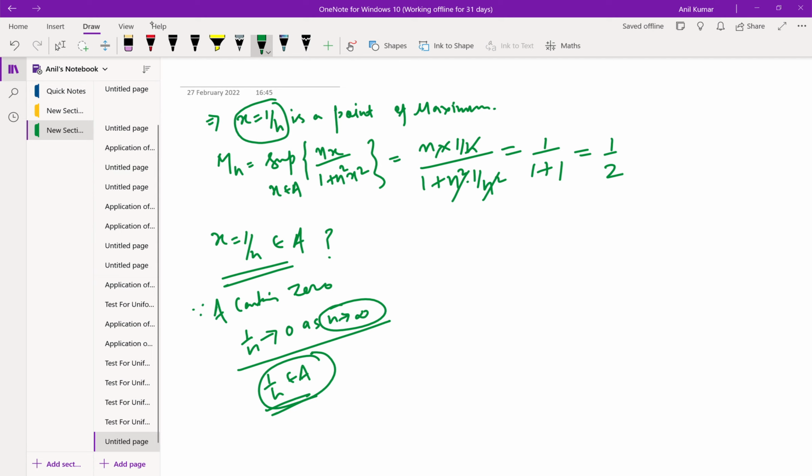So this is 1/2 and the limit is also 1/2 because it is independent of n as n approaches infinity, so mn approaches 1/2, which is not zero.